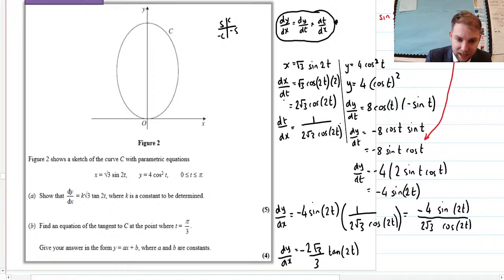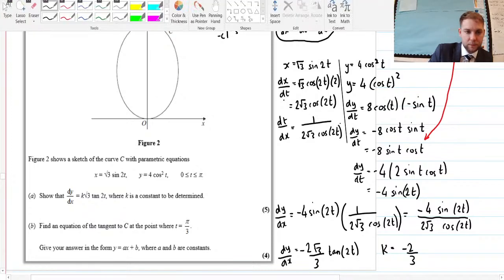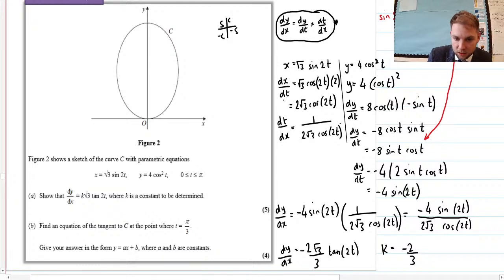So in which case, we've already got the root 3 in there, so our k is equal to minus 2 over 3. It's tough, that. The hard part of that is spotting that trig identity, isn't it? So that was worth 5 marks.